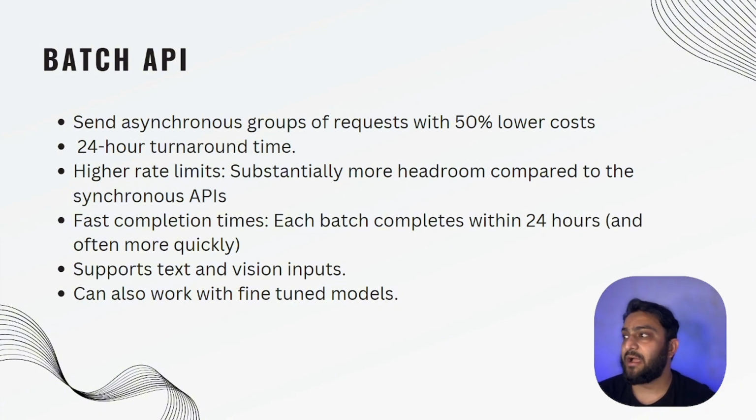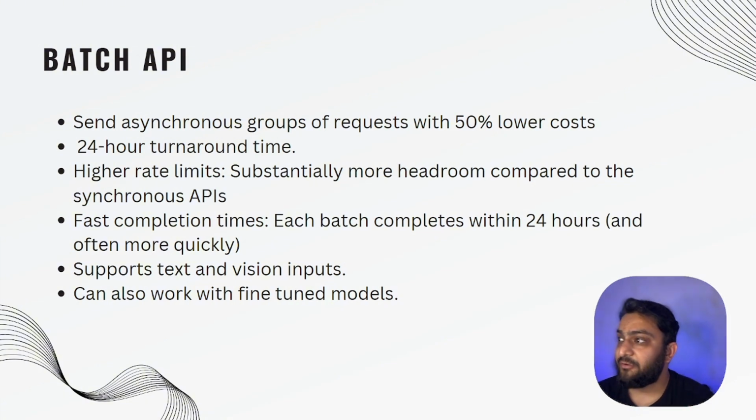There's a 24-hour turnaround time. After you submit your file for batch processing, it should take a maximum of 24 hours, sometimes obviously less than that, to do all the inference and send the whole file back to you.